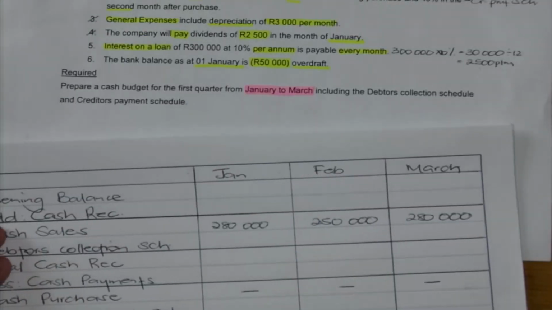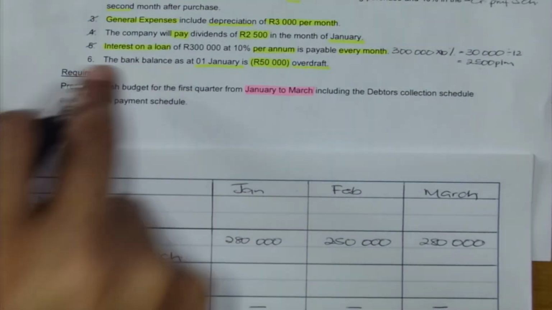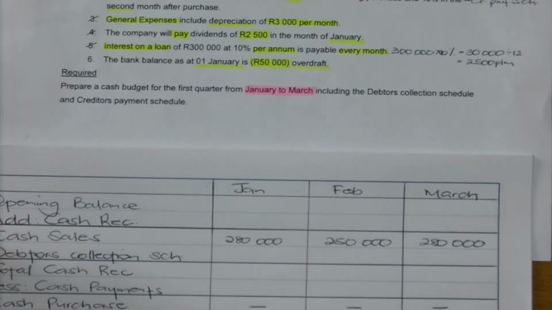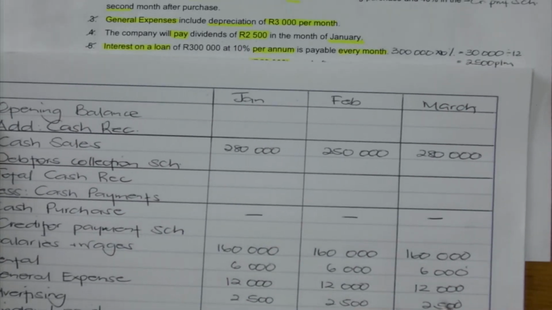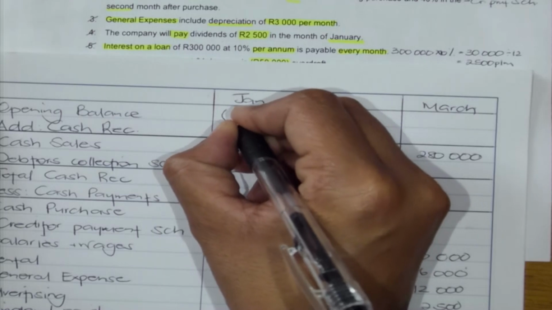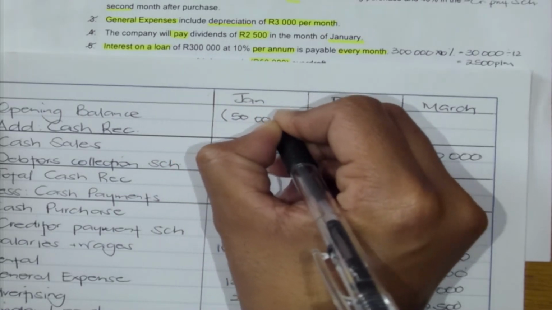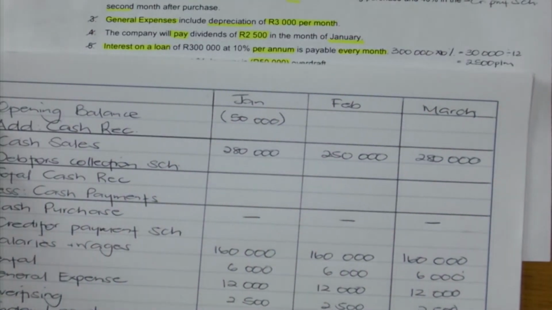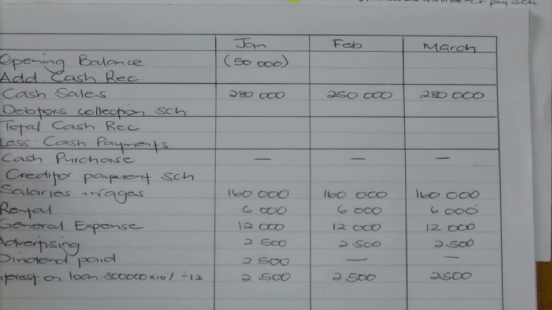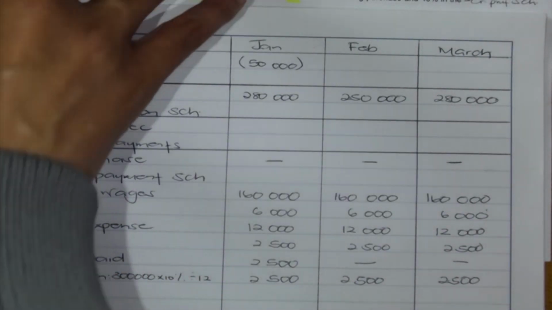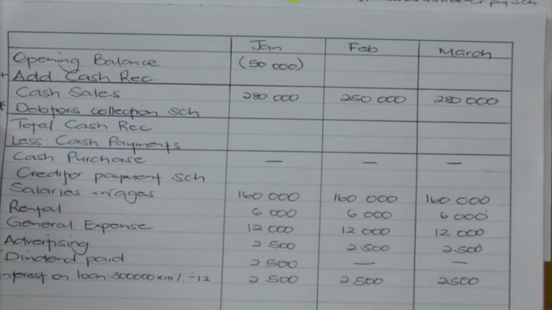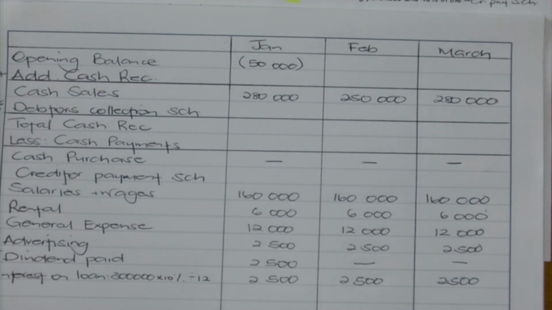Okay, so we are done with interest, and then they tell us our bank balance on the 1st of January is 50,000, but it's an overdraft, so we go there and we say 50,000. Now I've basically taken all the information that is on my question, and I've now put it on my answer sheet. Now I can do my calculations, right?